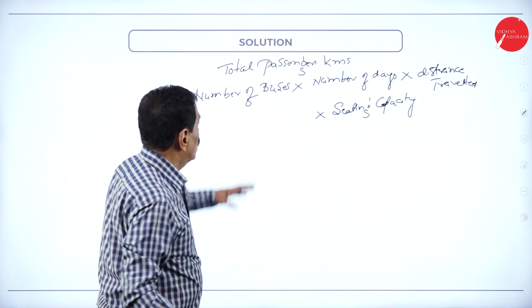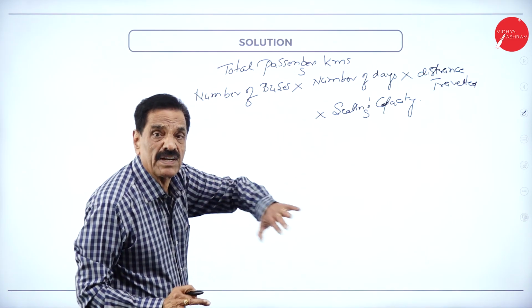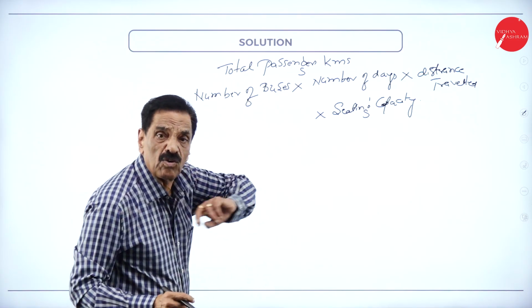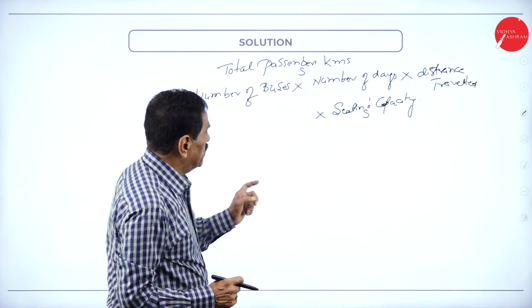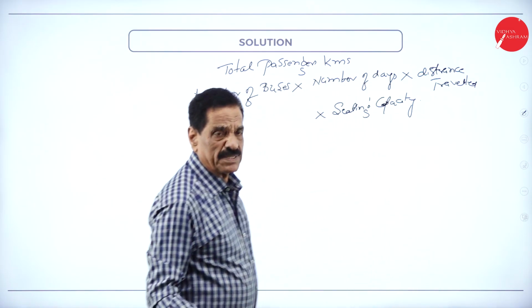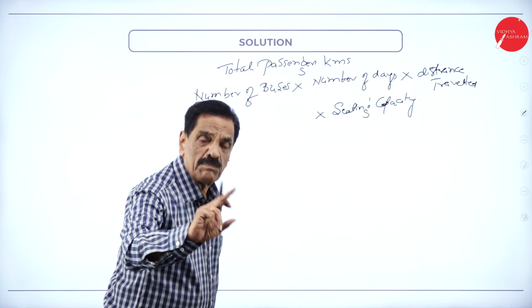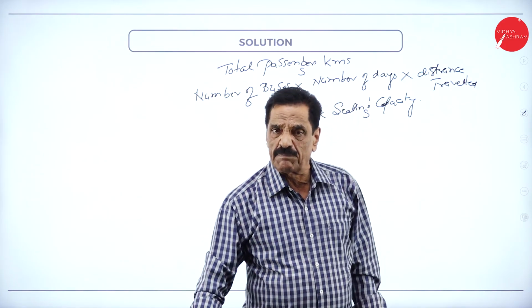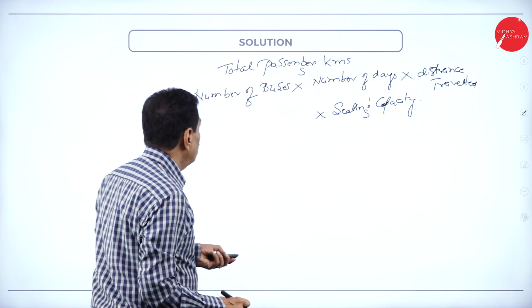What's the formula? Definitely it will come from the examination point of view, 5 marks. What's the formula you are going to write? Number of buses, number of days, distance traveled, seating capacity. I will repeat: number of buses, number of days, distance traveled, seating capacity. We'll go through the problem now.